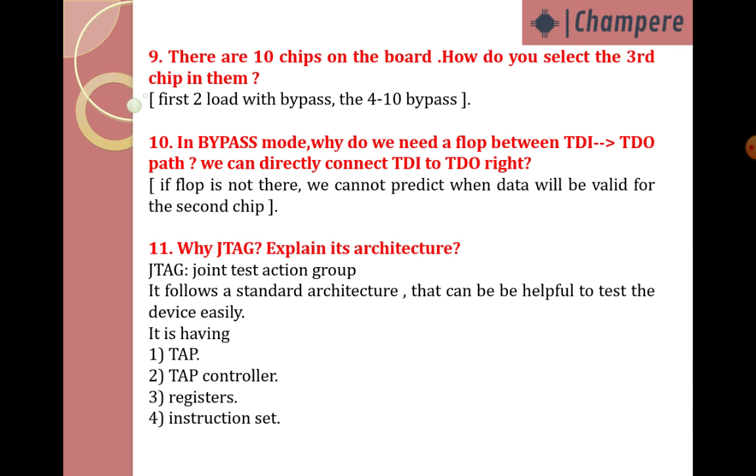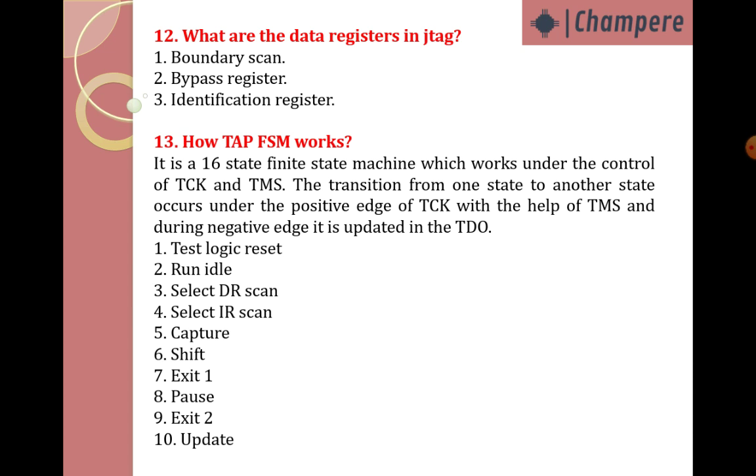It has the TAP, test access port, TAP controller, registers, and instruction set. These are the main architecture parts in JTAG. Next question, what are the data registers in JTAG? Boundary scan, bypass, identification. These are the data registers in JTAG.